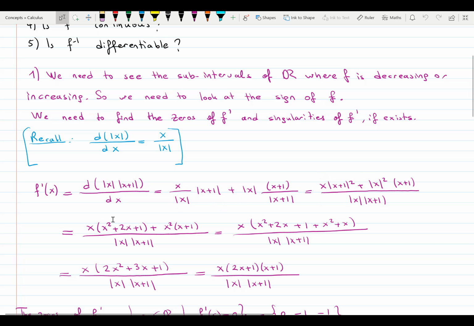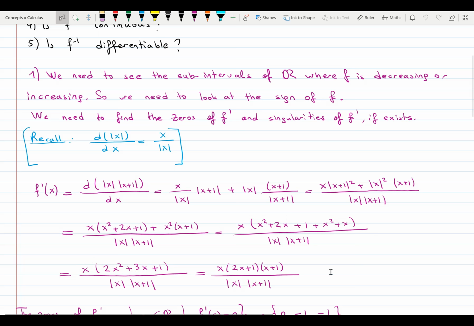I will have x squared plus 2x plus 1, and x squared (x + 1). x is common, so I am taking the common x out. What I have left is x squared plus 2x plus 1 plus x squared plus x. So I have 2x squared plus 3x plus 1.